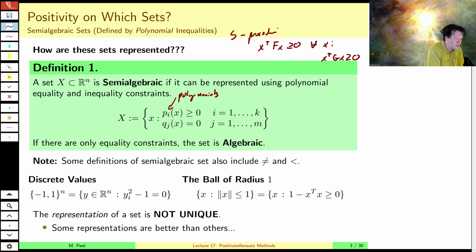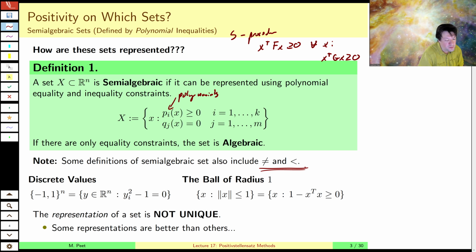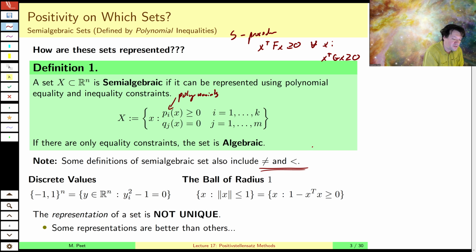So I note that there are some definitions of semi-algebraic sets which include not-equals signs and strict inequalities. We're going to try and avoid those, just because most of the results that we have are not expressed in those terms.